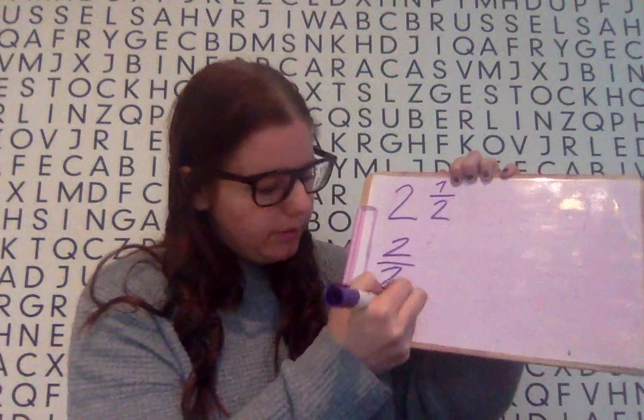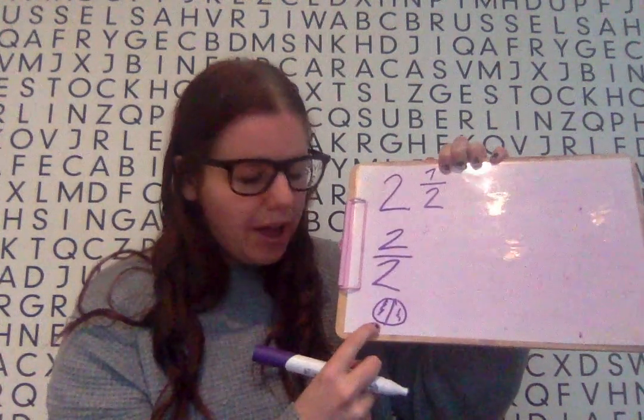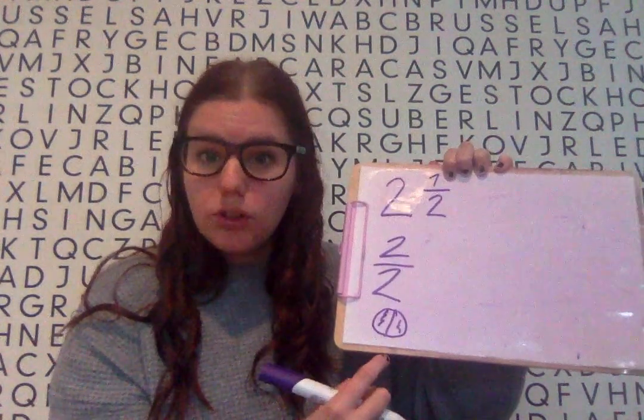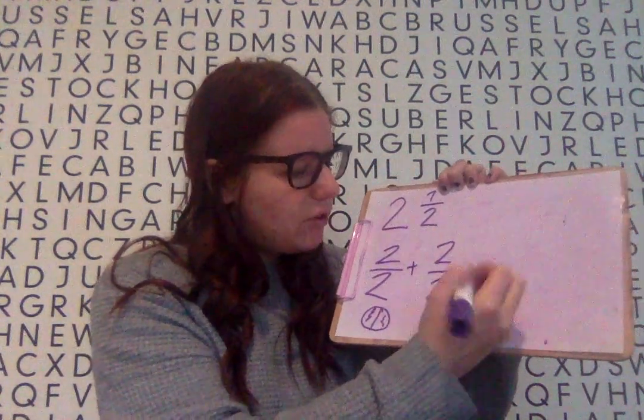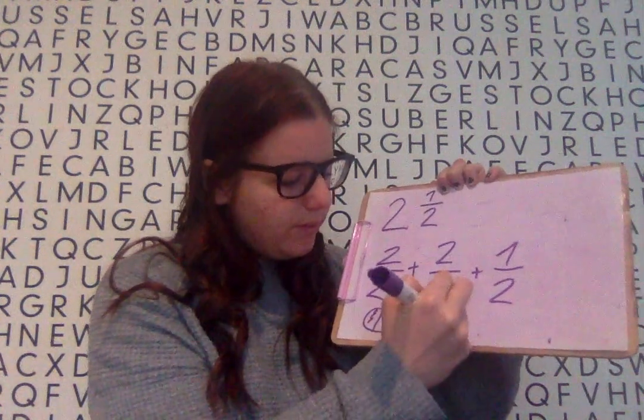One whole is the same as 2 halves, and if we don't understand, we can look: in this whole I have 2 of the half pieces. So we can do 2 halves, 2 halves, and 1 half.